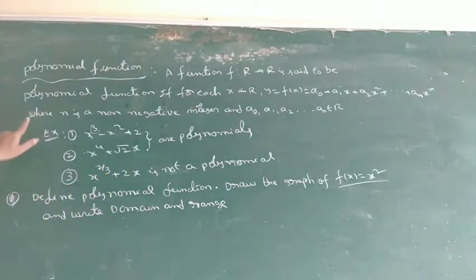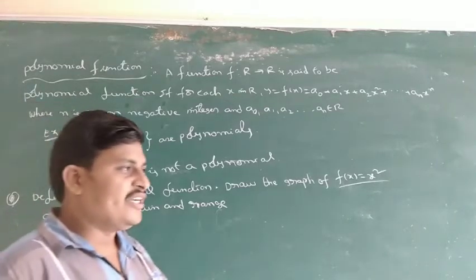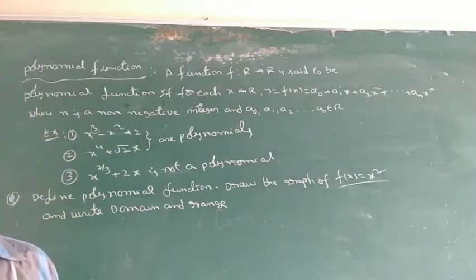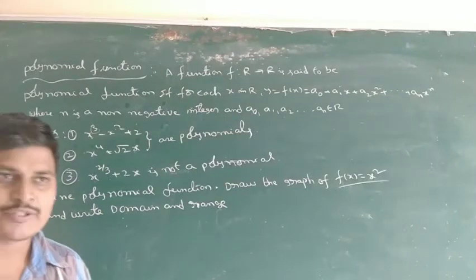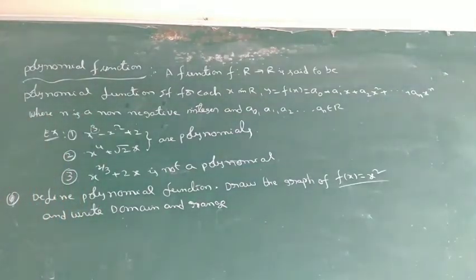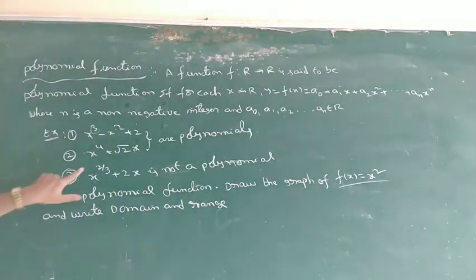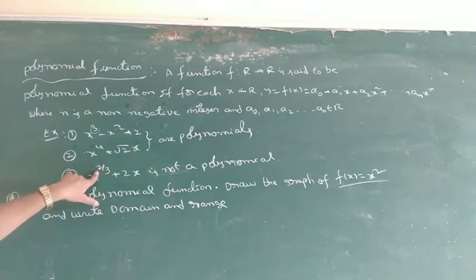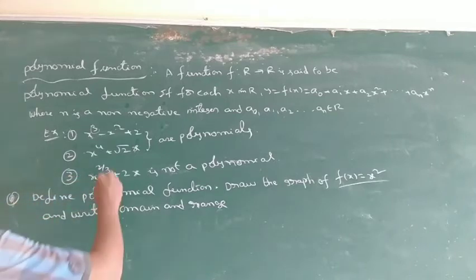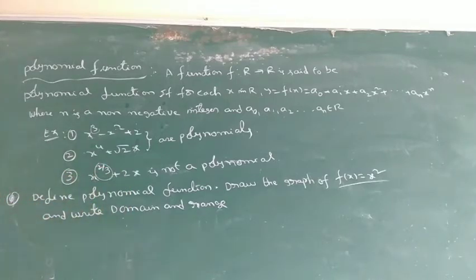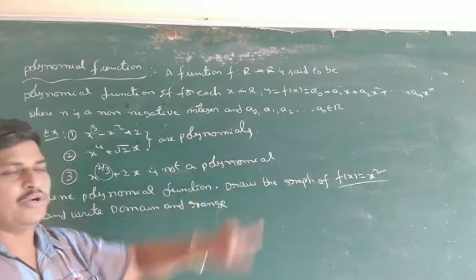What should the power be? A non-negative integer, so 0, 1, 2 only, not 2 by 3 or 2 by 4. So this is not a polynomial.